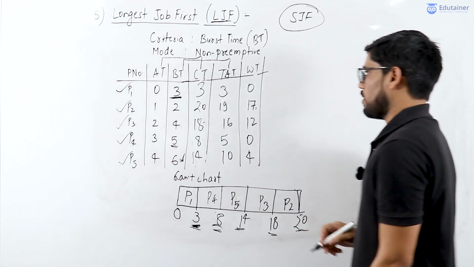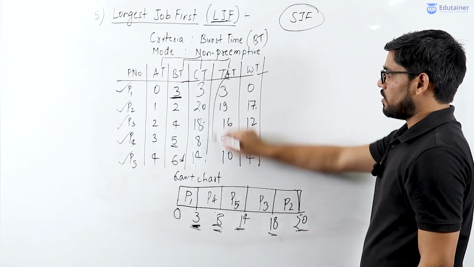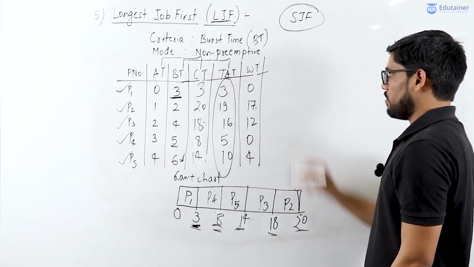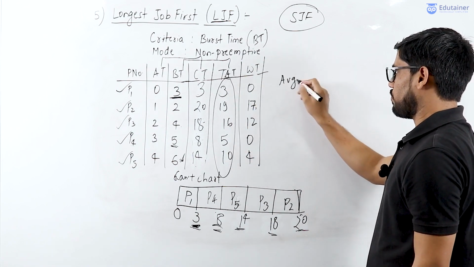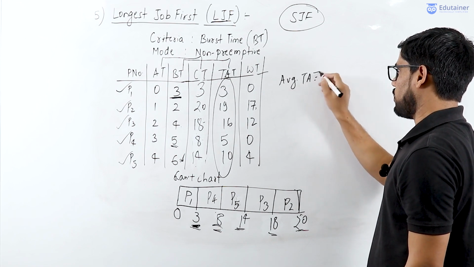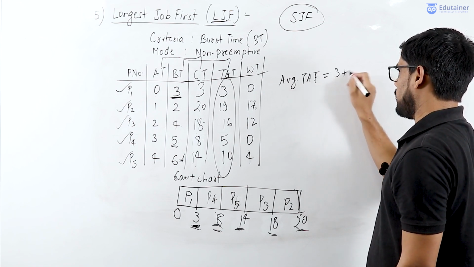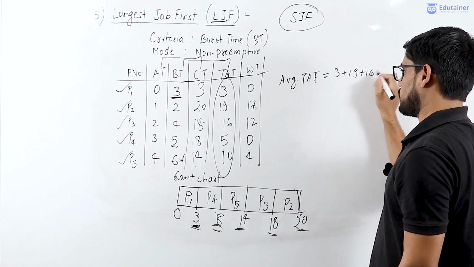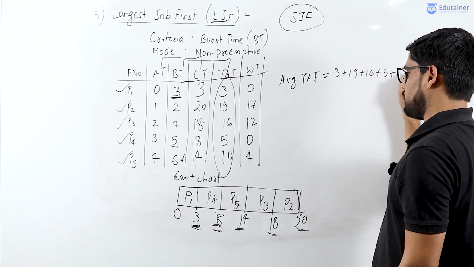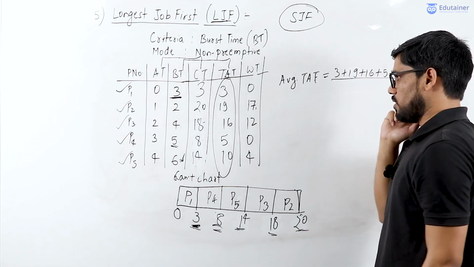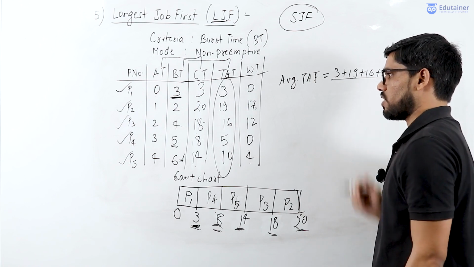You can easily add the turnaround times and find the average turnaround time. Average turnaround time will be 3 plus 19 plus 16 plus 5 plus 10, divided by the number of available processes. How many processes are available?